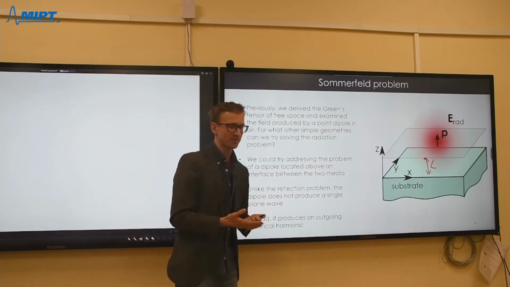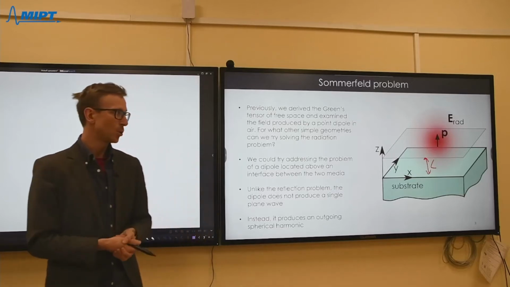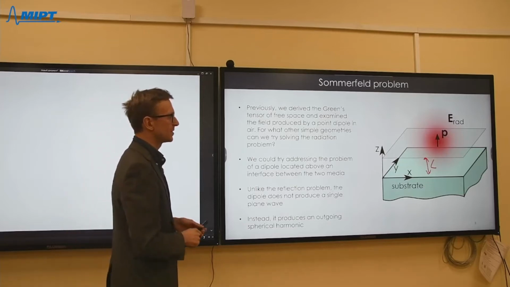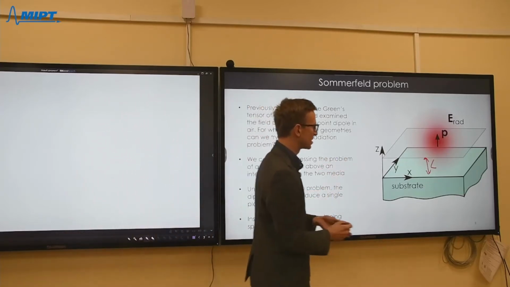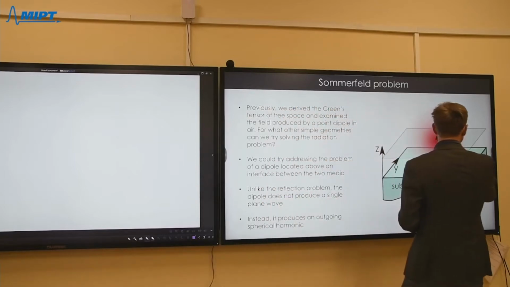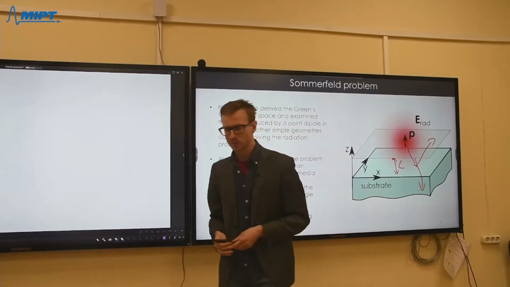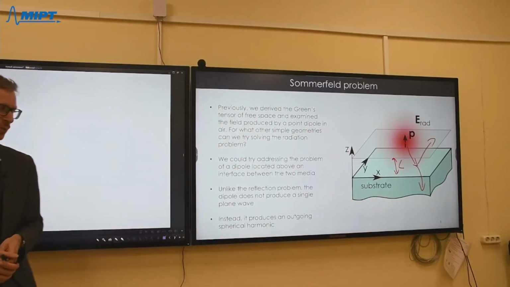And here we have essentially the same geometry, just instead of a plane wave, we have a point dipole. And naively, one could think that this point dipole produces some kind of plane waves. These plane waves are getting reflected and transmitted by the interface, and we could deal with this problem in a similar way. But the reality is this problem is much more complicated.